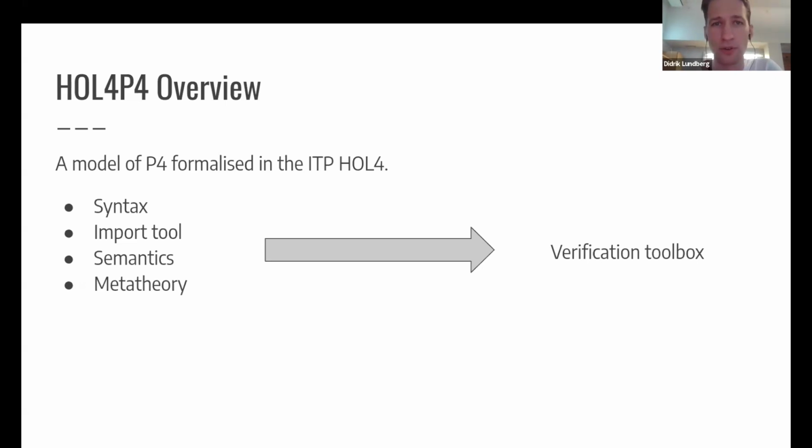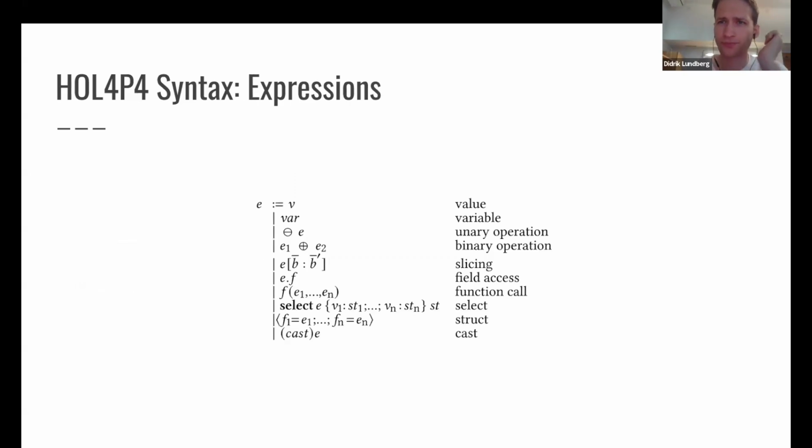So built on top of HOL4P4, there exist multiple tools, for example, a symbolic executor and a verified compilation pathway to a software switch, with more tools currently in the works. So let's then briefly take a look at these components of HOL4P4 to understand how these design choices that we made facilitate the construction of such a toolbox.